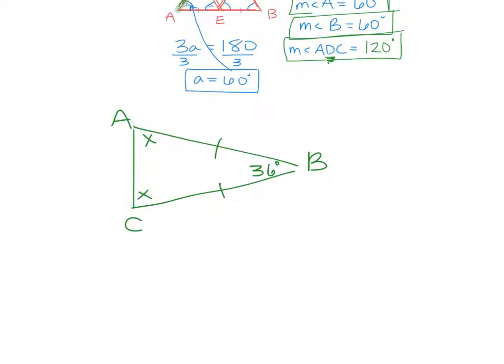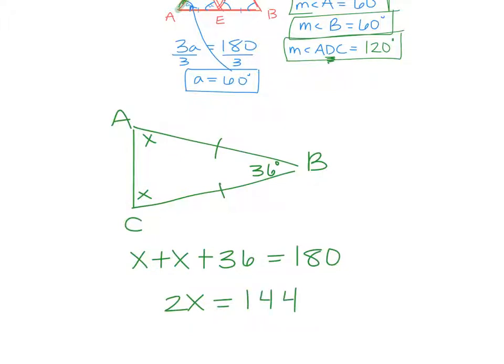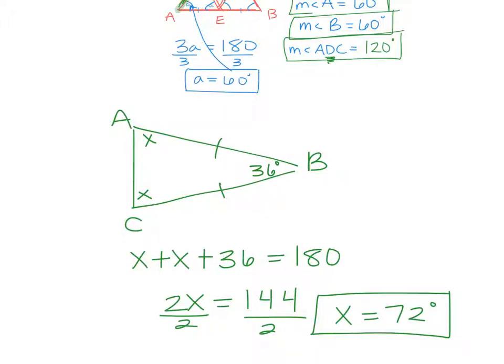So call them X or call them A, but whatever you call them the same thing, okay? So X plus X plus 36 should equal 180. So you have 2X equals, take away the 36, you get 144. So then you're just gonna divide by 2, and your X will be 72 degrees. Okay? Any questions on that?